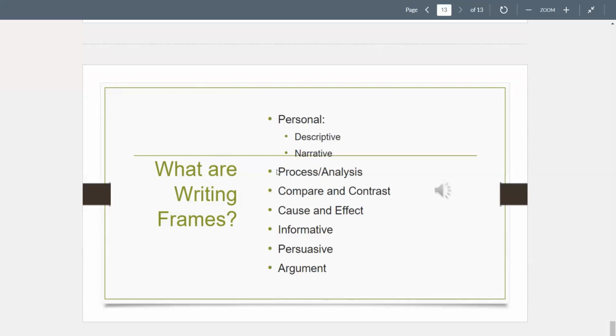Then we're going to talk about process analysis essays, compare and contrast essays, cause and effect essays, and our research paper is going to be an informative essay that kind of combines the other four types of essay techniques. And these are more, how do we frame the final essay? What are basically the different types of essays that we might write?